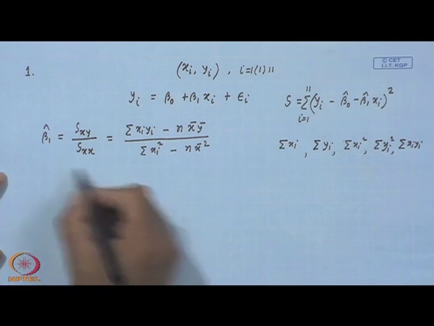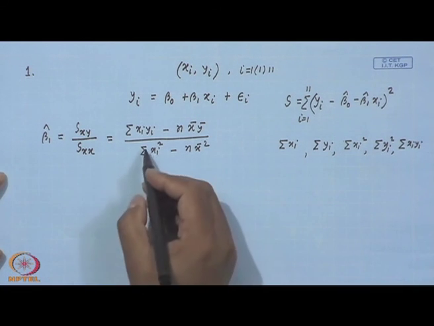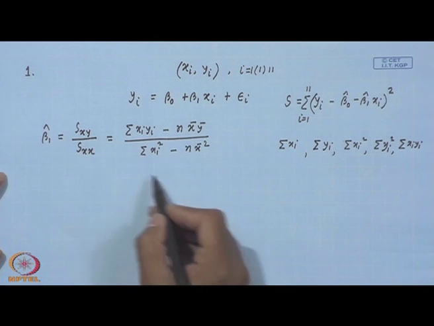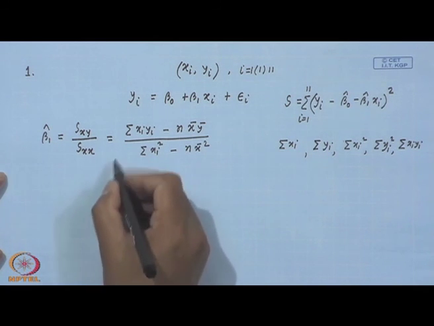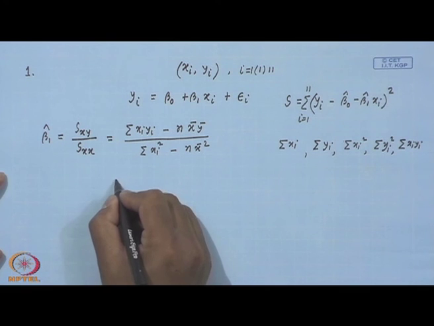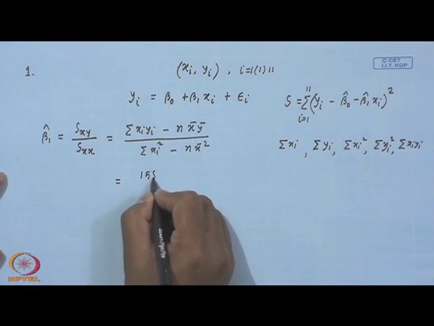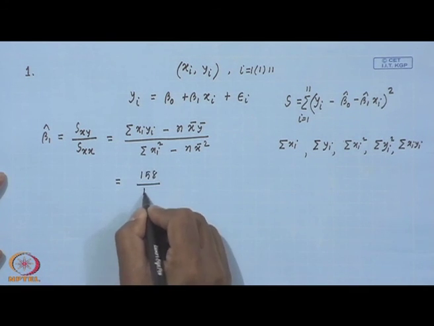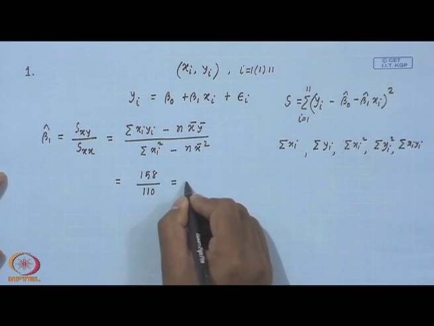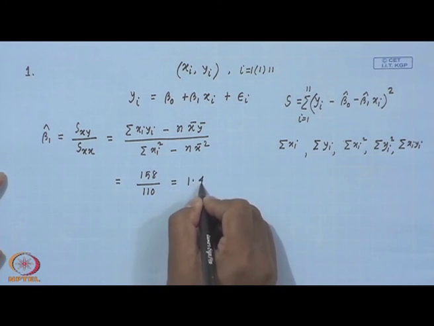You can compute all these things for the given observations, and then you can check that this one is equal to 158 by 110, which is equal to 1.44.